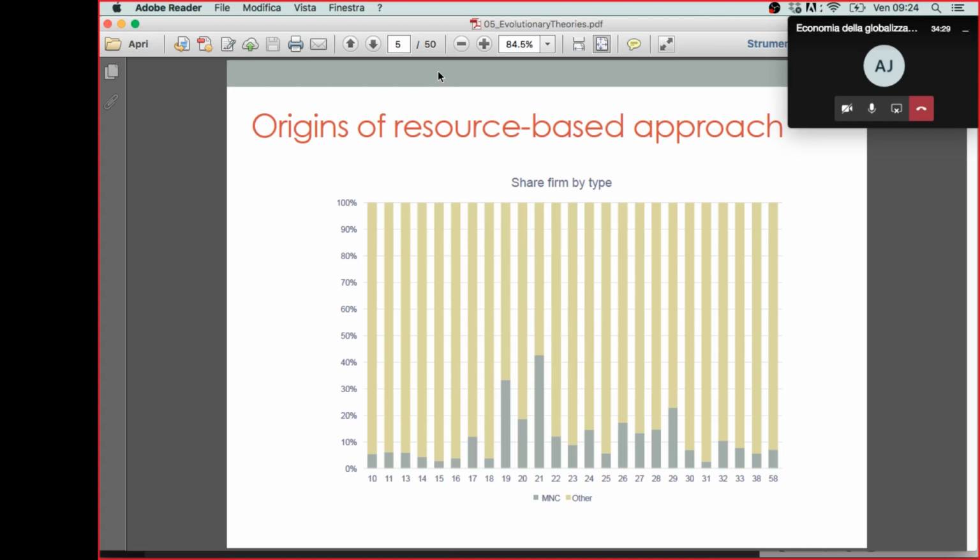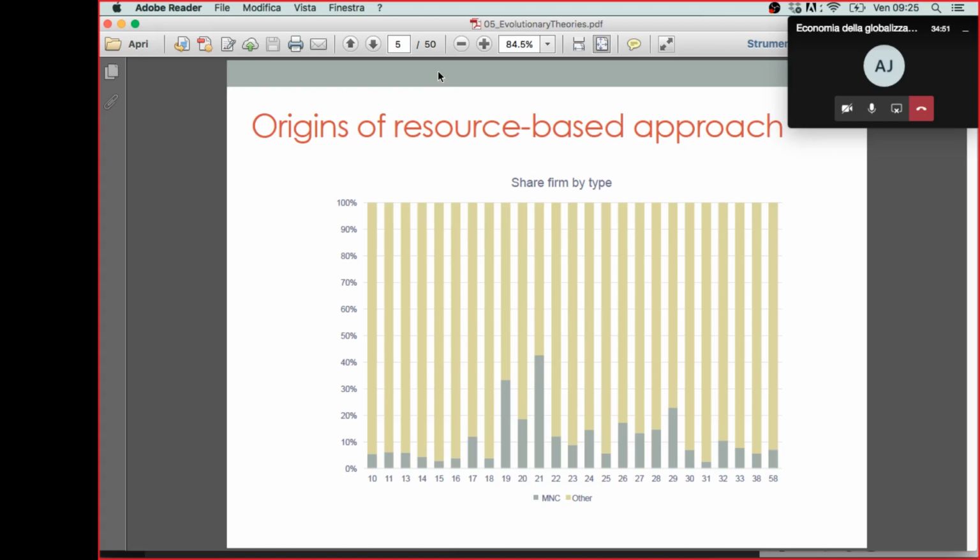It doesn't matter the measure that you consider in order to identify the size of the firm. So this implies that we have huge within-industry heterogeneity in the size of the firm, which cannot be explained by the transaction cost approach.